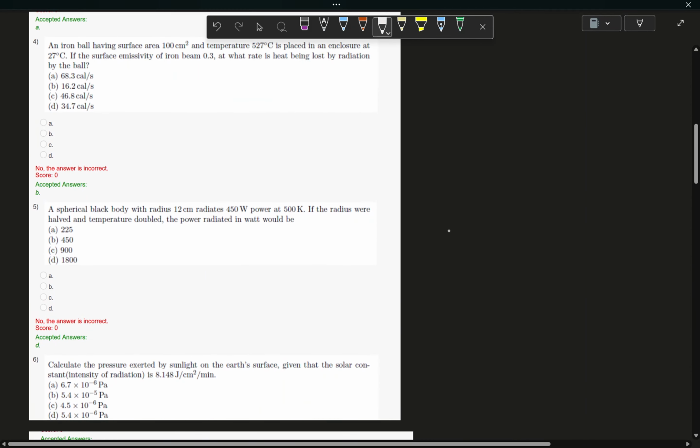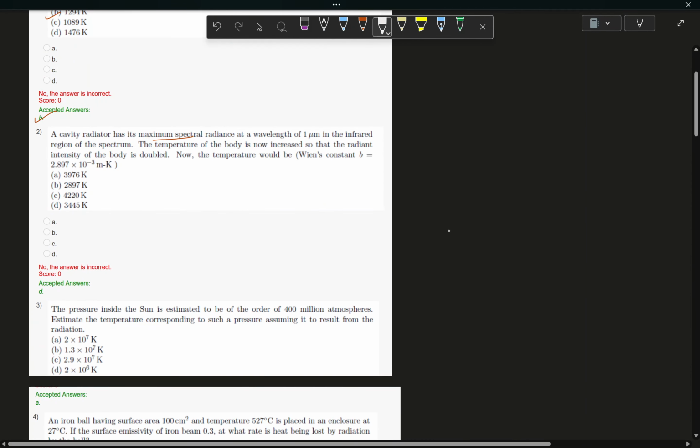Let's see whether the question has the information. Yes, they have mentioned the value of B in the question, but sometimes they do not mention it. So it is best if we remember the standard constant values, like we have to remember the Stefan's constant, sigma.